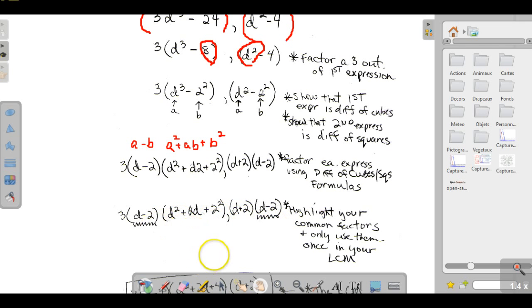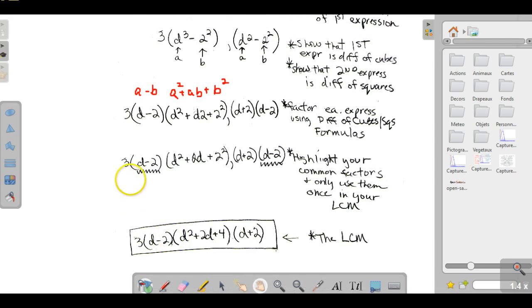I don't see any other common factors. So we just go ahead and we start writing. So we got 3, d minus 2, d squared plus 2d plus 4. I changed that to a 4. And d plus 2. And then we don't write this down again. We only write it once. So that's it. That's our least common multiple.